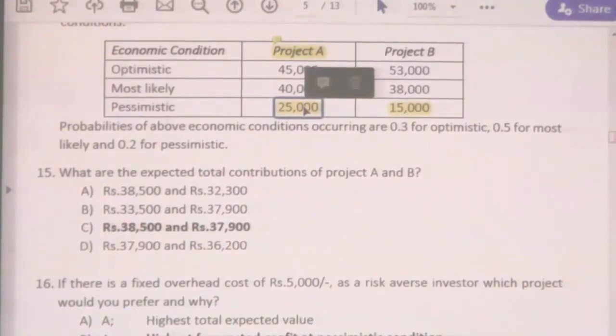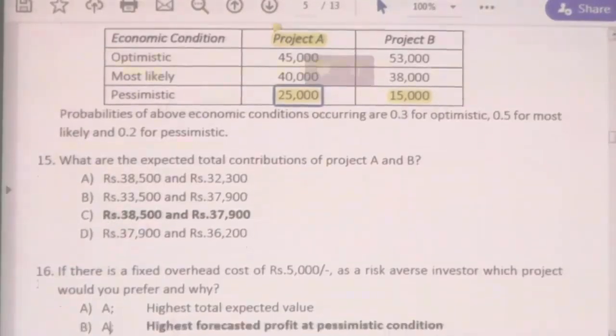If the examiner asks about the maximin rule, you have to select the lowest answers, then select the highest out of the lowest, as we did here. Sometimes the examiner will ask what decision is taken by a risk averse investor and a risk lover investor. Always keep in mind: risk averse always use maximin, risk lover always use maximax. That is the theoretical background behind this question.